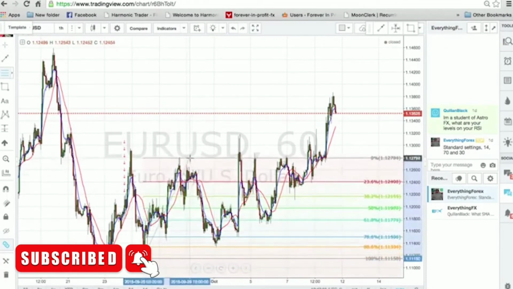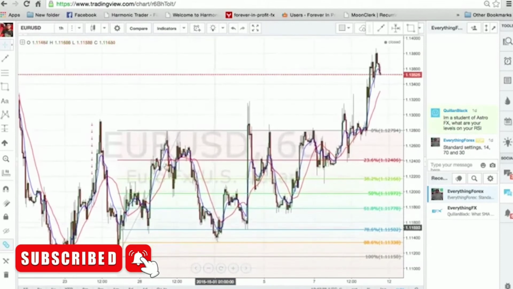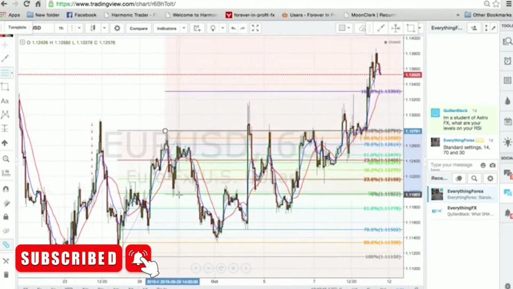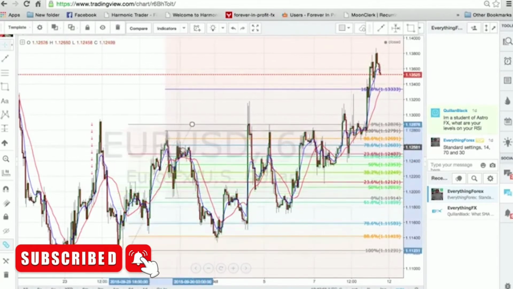So what happened right here exactly? This right here is possibly a 78.6 retracement level, more than likely. Let's check it out. All right, perfect. 78.6 retracement level right here, and this would form a perfect bullish bat pattern.